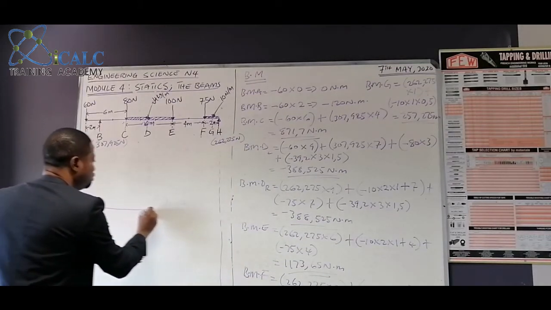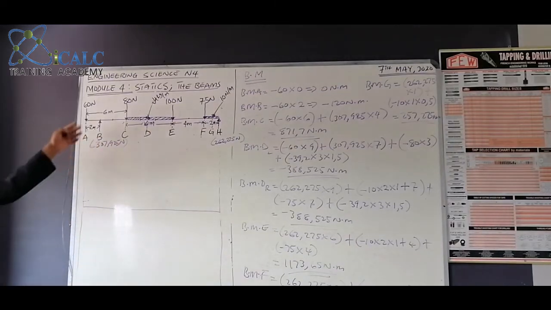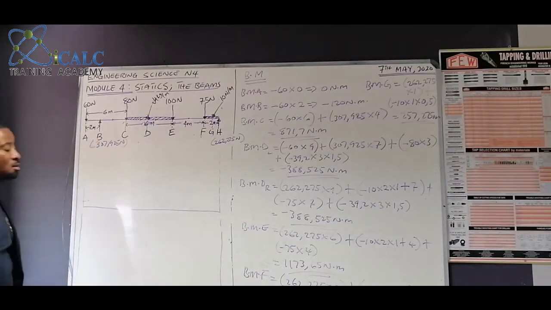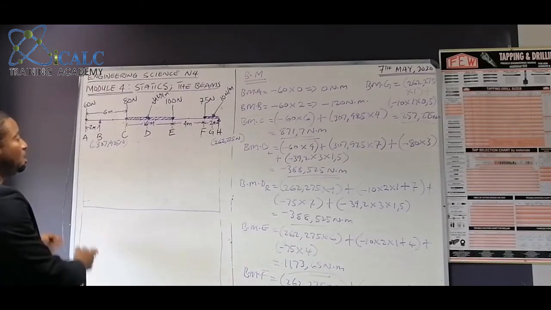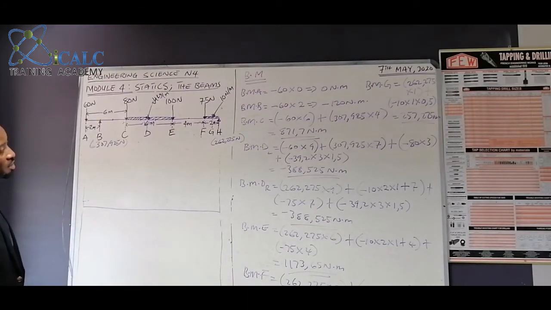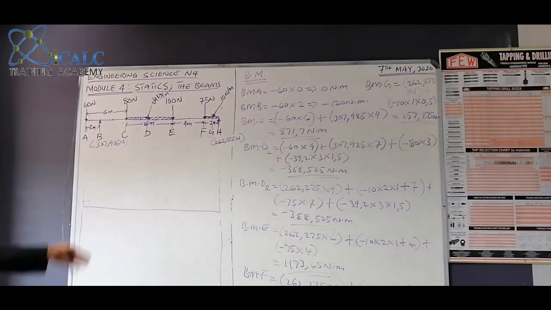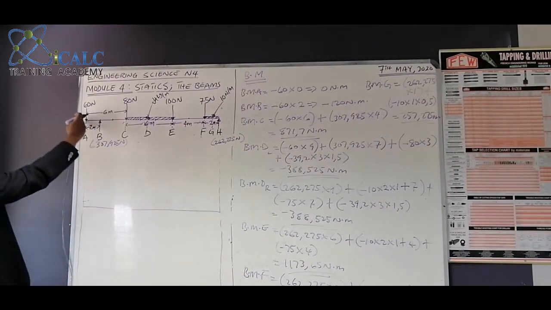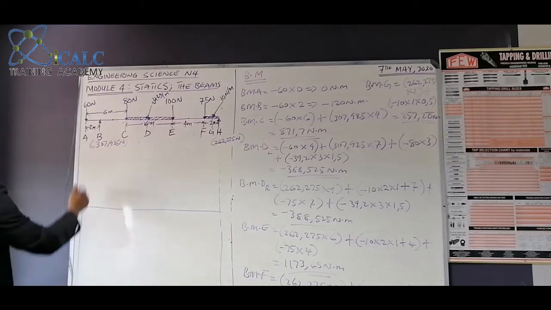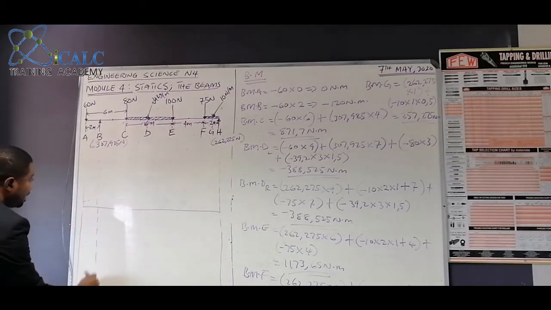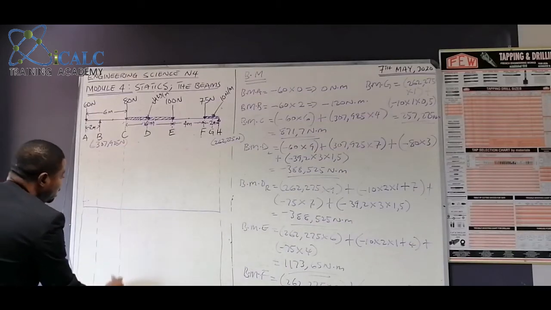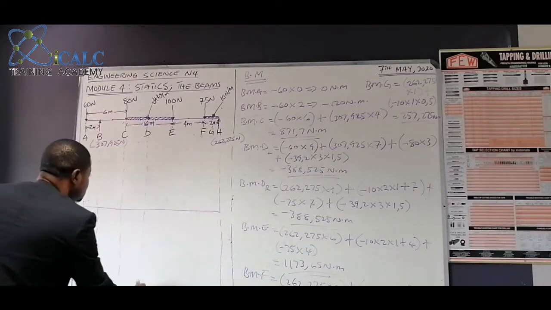So my advice to you, whenever you see a question like this, redraw the beam in a separate side and do all your calculations on a separate side so that it will be easier for you to draw your shear force and the bending moment graph. So look at every point. You can just make dotted lines to be easier for you to sketch.